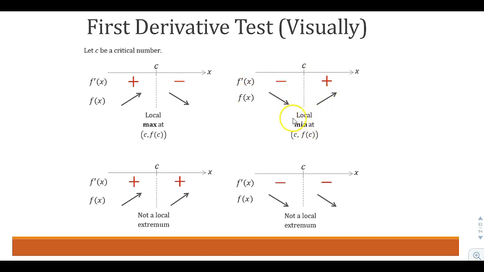So we would have a local minimum at c, f of c. Now, if the first derivative stays positive or stays negative, we do not have a local extremum. So we do not have a local max or local min if there is no sign change.